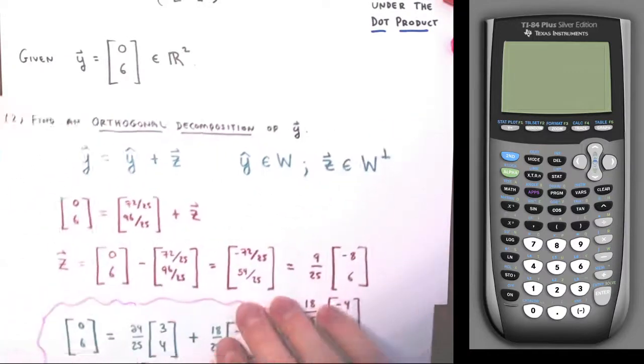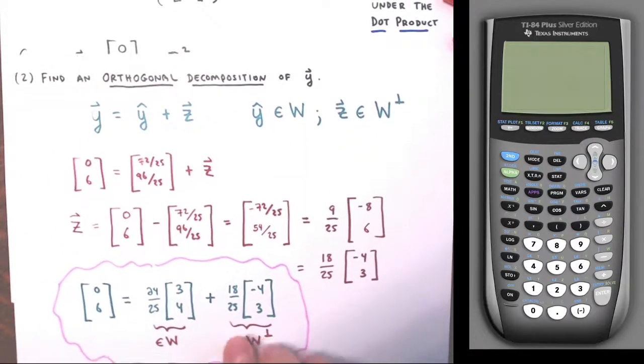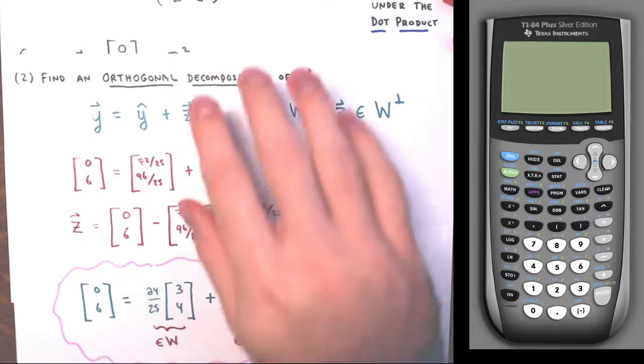All right, so we found our projection vector onto W. We found the vector in the orthogonal complement of W that, when added to the projection vector, gives me y. That's the orthogonal decomposition. And you could do this with any vector in R2, not just (0, 6).